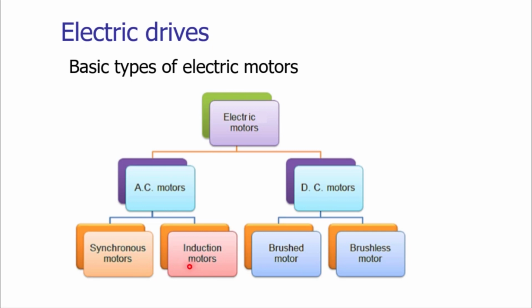In induction motors, the electrical property, that is inductance, is used to energize the rotation of the rotor. In the next two lectures, we will see at a preliminary level the constructional details and principle of operation of some of the important motors. These are DC motors, AC motors, stepper motors and servo motors.